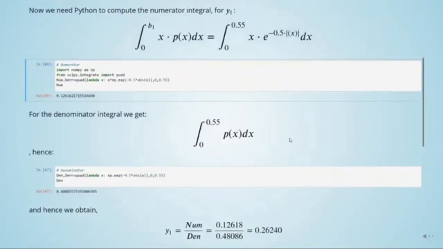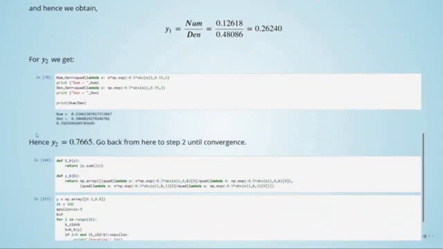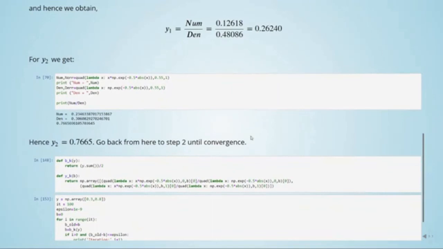For y2, we need to do the same procedure, so we have here the numerator and the denominator. Then we are printing the numerator divided by denominator, and we have 0.76. So this was y1, here's y2, and then we go back to step 2 until convergence.